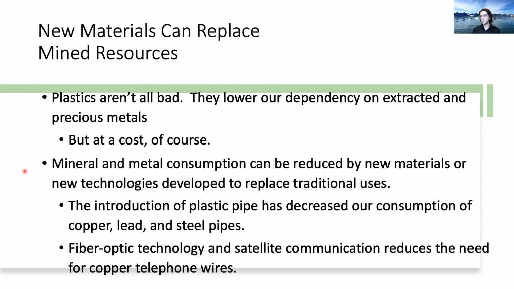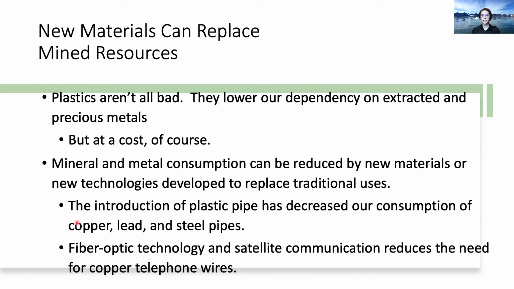Mineral and metal consumption can be reduced by new materials or new technologies that are developed to replace traditional ones. So for an example here, the introduction of the plastic pipe has decreased our consumption of steel pipes, lead pipes, or copper pipes, which are actually pretty darn expensive.